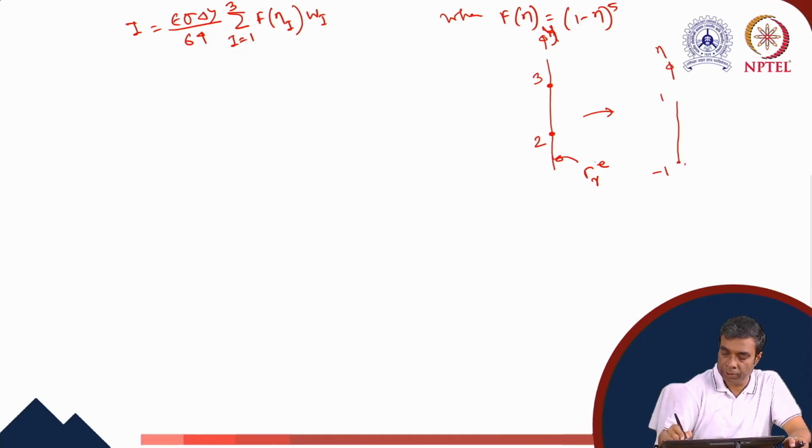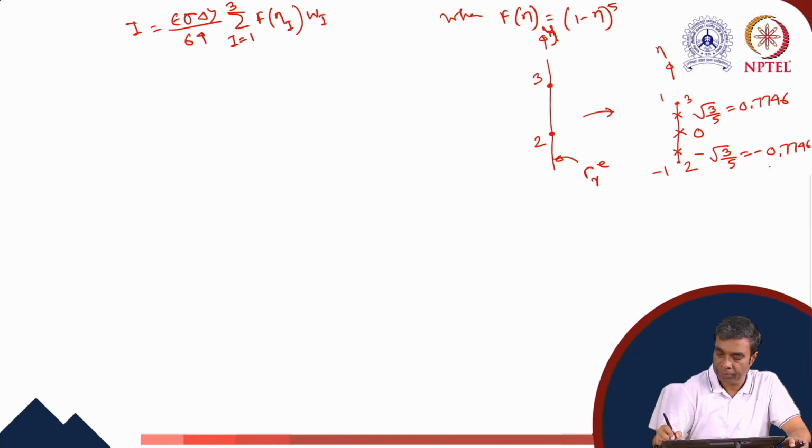So local node is 2, local node is 3. Our integration points are minus square root of 3 by 5, 0, and square root of 3 by 5, that is minus 0.7746, 0, and 0.7746.